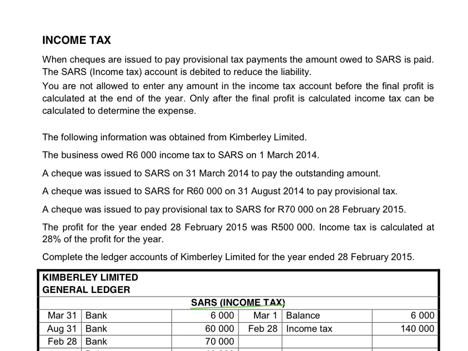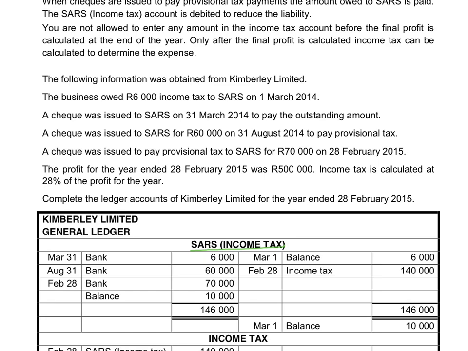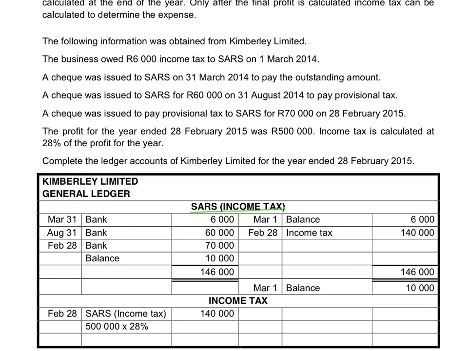We have the SARS income tax account that is a liability if you owe money to SARS. If you paid more than the amount that you were supposed to pay as provisional tax payment, the SARS account can be an asset. So SARS is one of those accounts that sometimes can be an asset and sometimes a liability. But in most cases, it will be a liability.